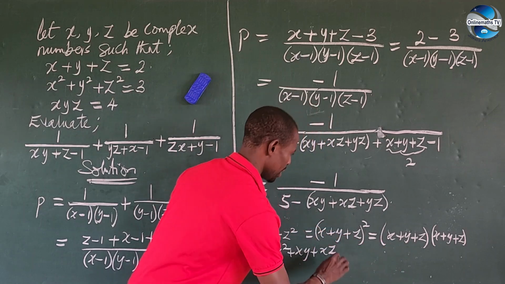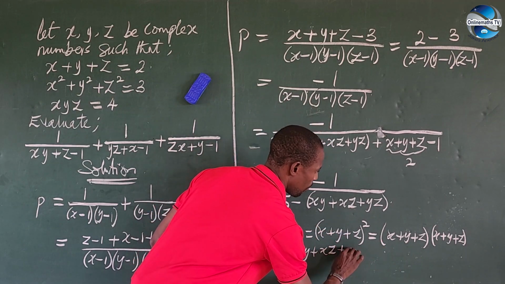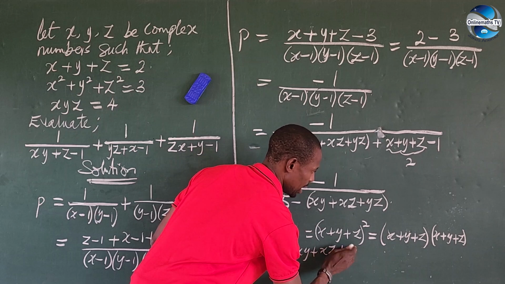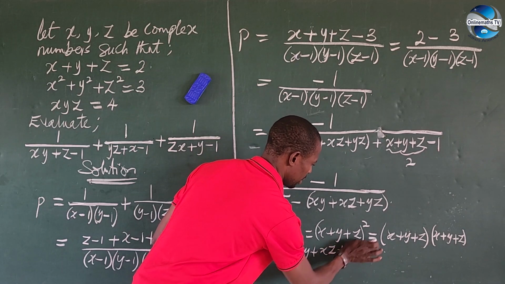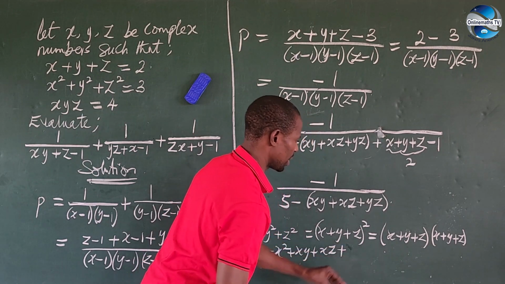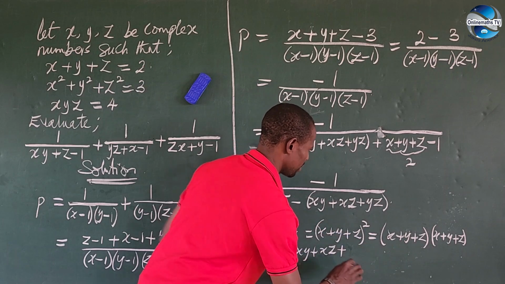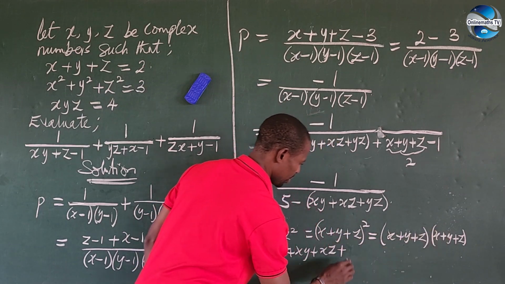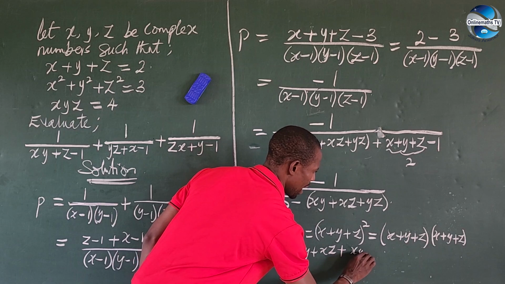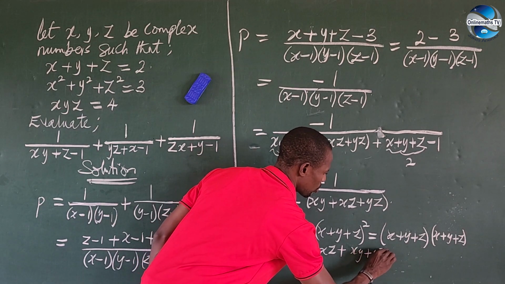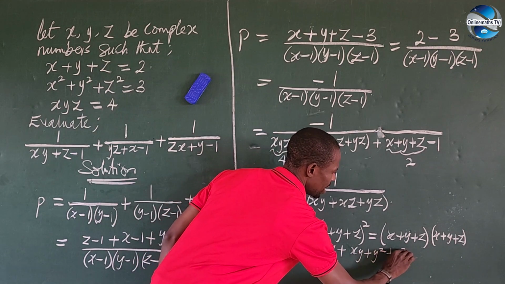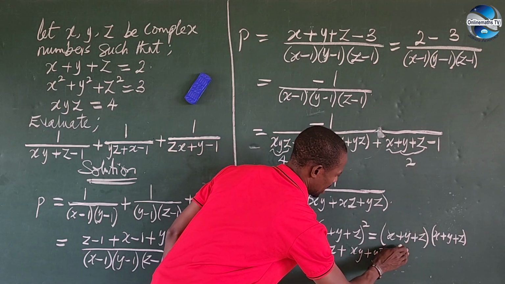We come to y, so we now have xy, because of the alphabetical order, plus y squared plus yz. Yz, please.